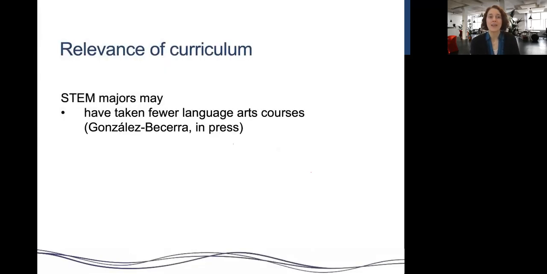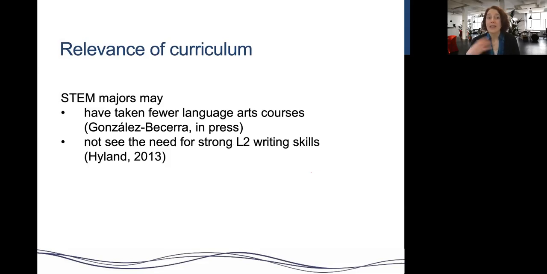What does that mean? Well, the STEM majors, those in STEM programs, they may have taken fewer language arts classes as seen in that chart before. They may not agree that they even need strong writing skills to begin with. Now, this is interesting because as a teacher, it's my intuition to assume that the student is as excited about the topic as I am.